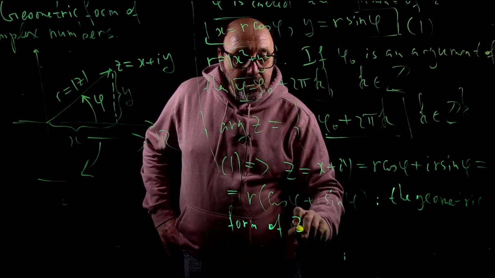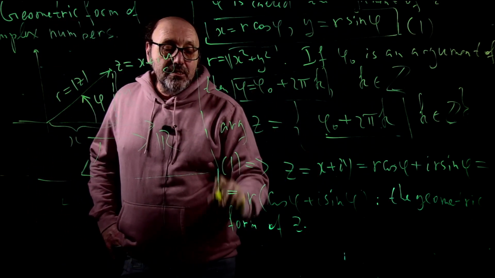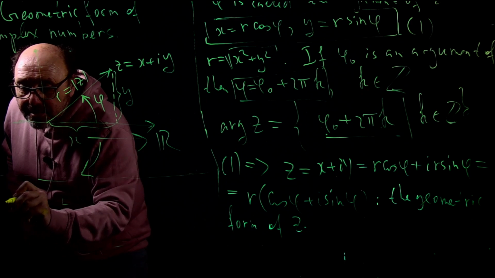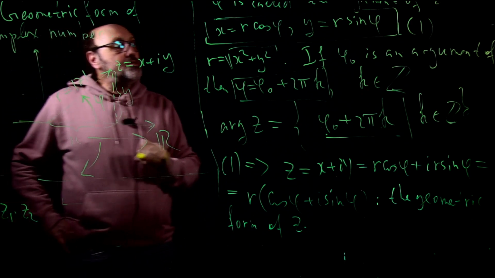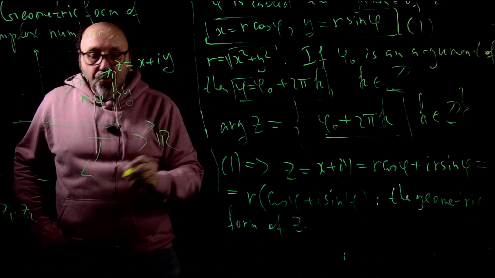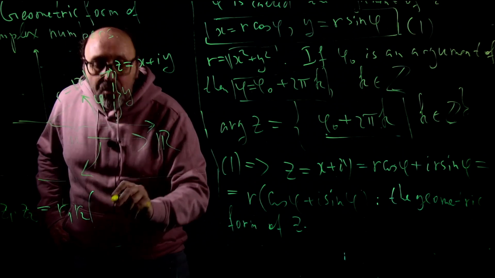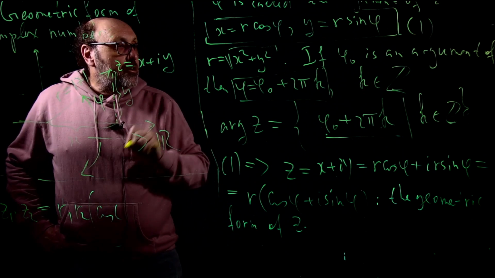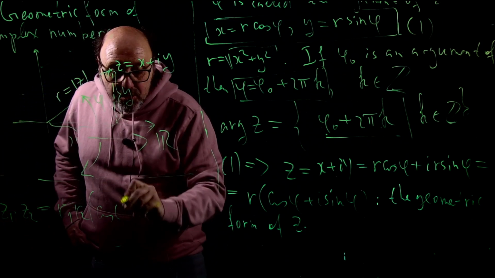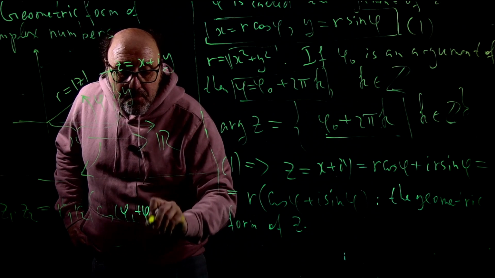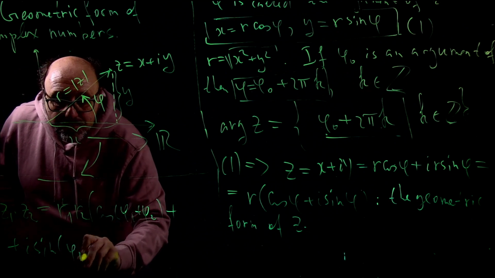Well, it's very easy to check that if you consider the product of two complex numbers given in the geometric forms, then the result in the geometric form will be of this type: r1 r2, that is, you have to take the product of their modules and you have to take the sum of their arguments.